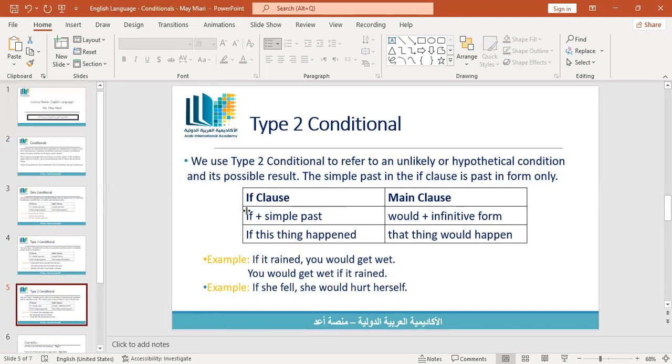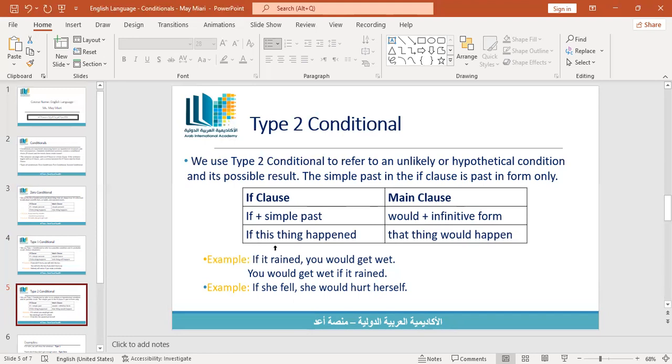The second conditional form is used to imagine a different reality, so it is an unreal condition. For the if clause, we use a simple past form of the verb, and for the main clause, we use would plus the infinitive form or the base form.